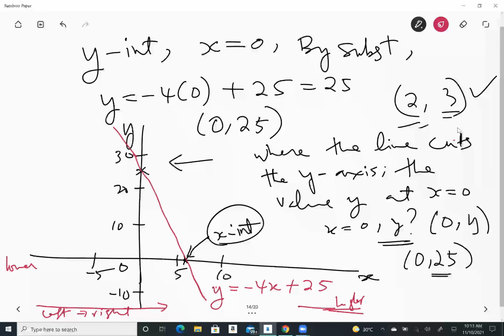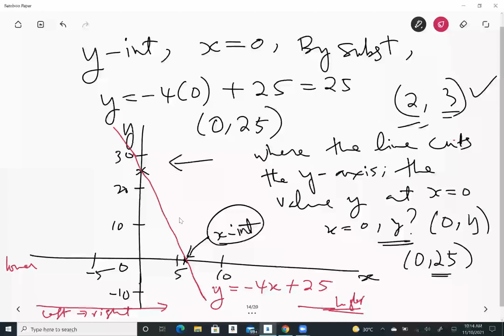So if the slope is positive, the line is going upward from the left to the right. And if the slope is negative, the line is going downward. The example here is where m is equal to negative 4. We drew it already. The line is going downward, and the slope is negative 4.